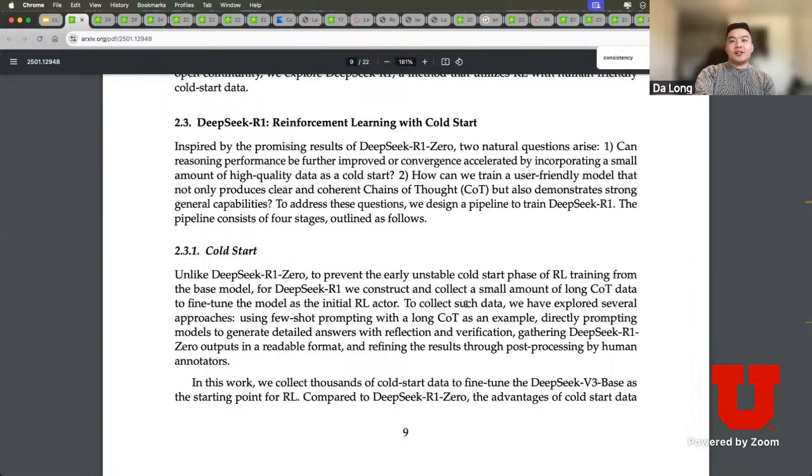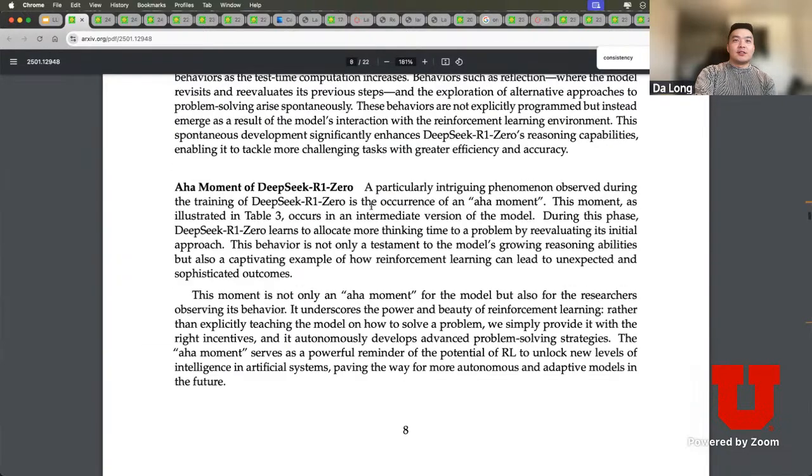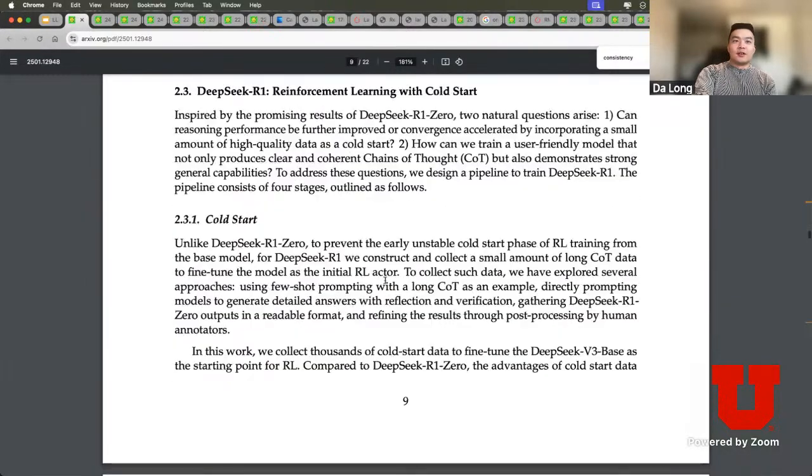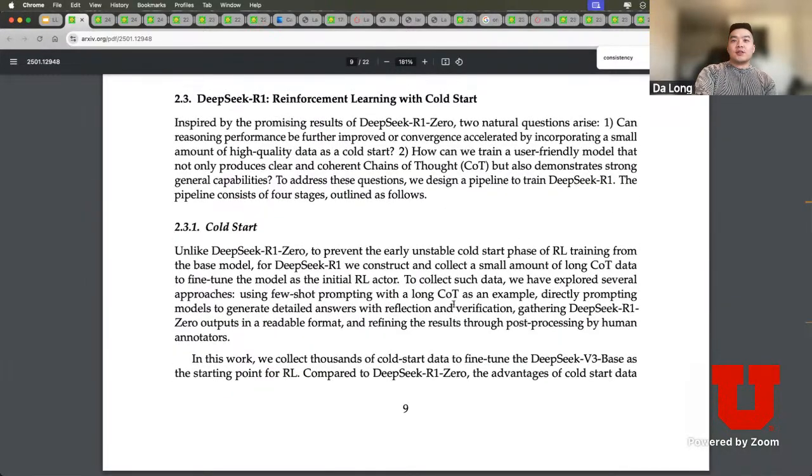First they do supervised training, because they claim that with just R1-Zero, even though you prompt the model and it gives you thoughts, there are many things you don't want. For example, it will give you mixed language, right? And it will also give some output sentences that humans barely understand. It's not understandable.